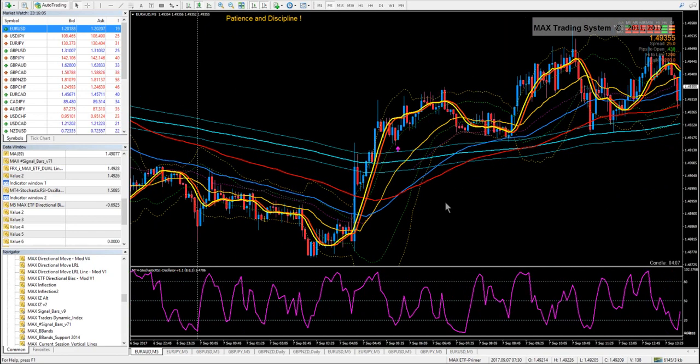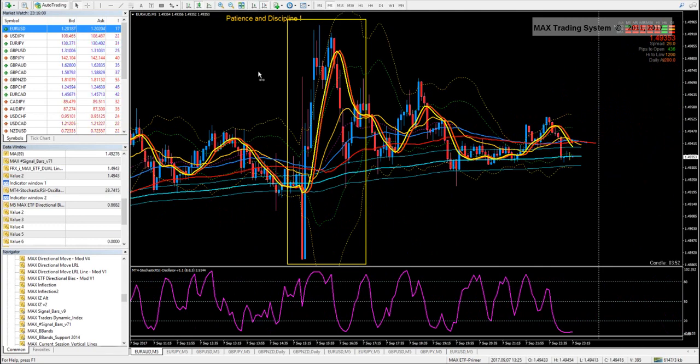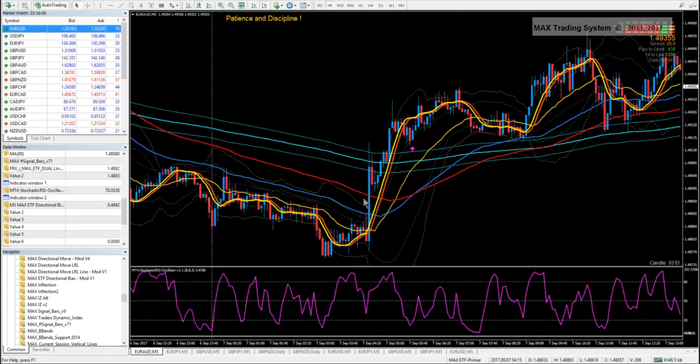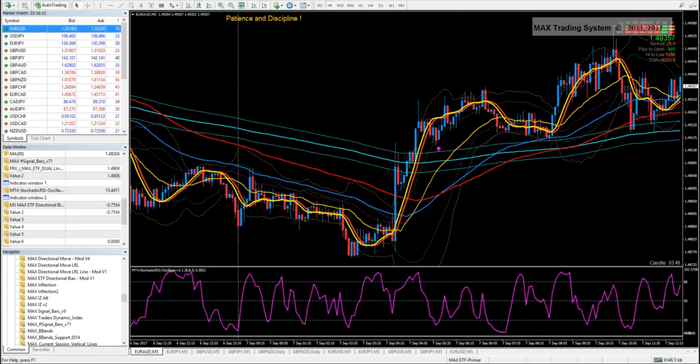starting around the Tokyo Open. So in this area, we have the price making bottom here, okay? And we have our 2 ETF lines represented by this yellow and orange line crossing up. I don't show the entire template.